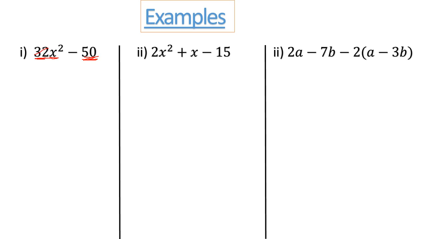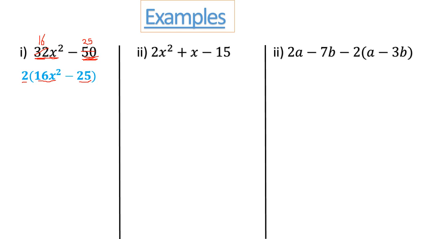So 2 into 32, you have 16. And then 2 into negative 50, you have negative 25. Good. So these numbers are the ones that we're going to write in the next step. So we have a 2 outside, then open brackets. We have remained with 16x squared minus 25.